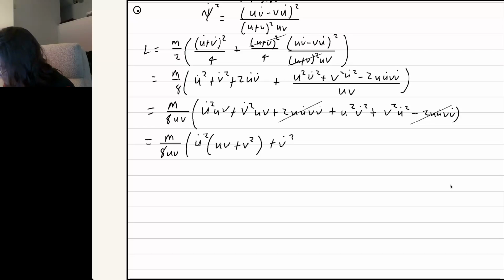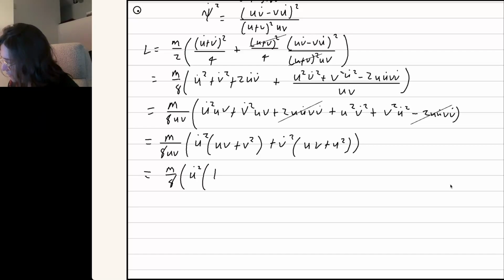And I'll collect v dot squared terms. It'll be uv plus u squared. Yeah, and then I'm going to redistribute the 1 over uv from the outside. So it's going to be m over 8, u dot squared is going to be 1 plus v divided by u. v dot squared is going to be 1 plus u divided by v.